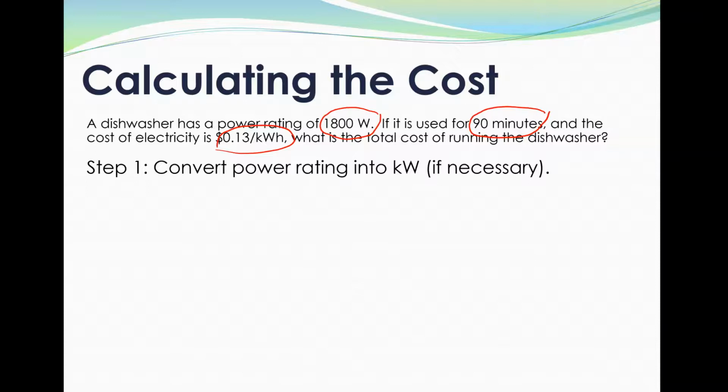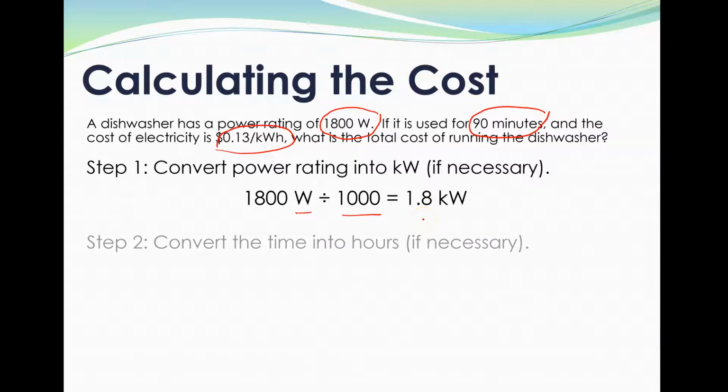So first, the rate is in kilowatt hours, and we've been given 1800 watts. We need to convert the watts into kilowatts. We do that by dividing 1800 watts by 1000, so it's 1.8 kilowatts.